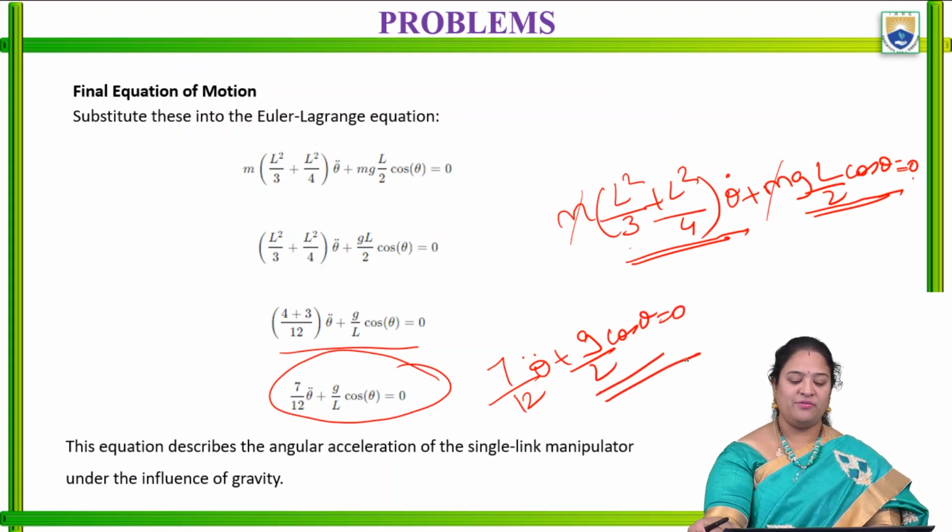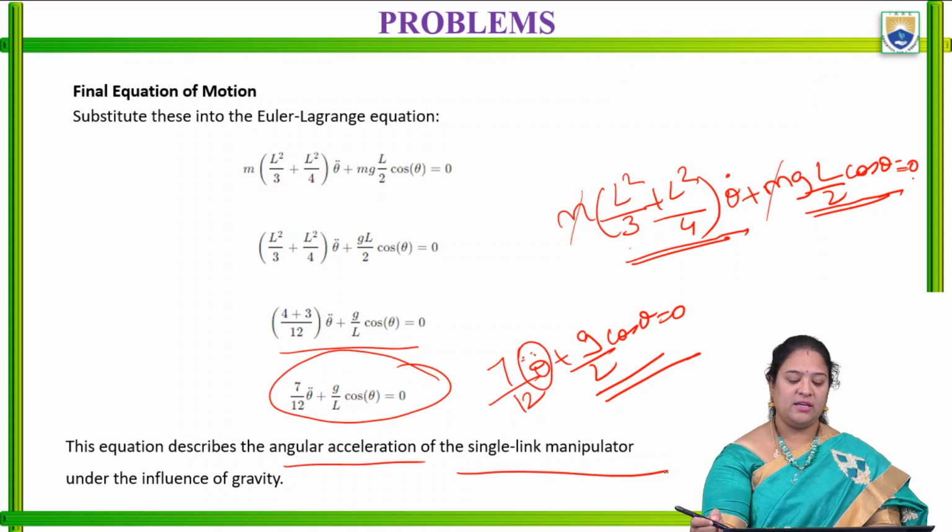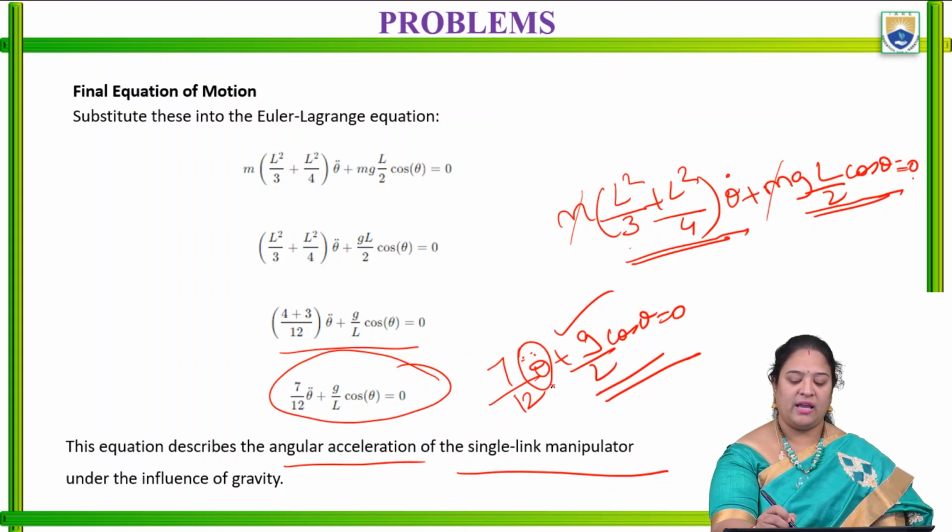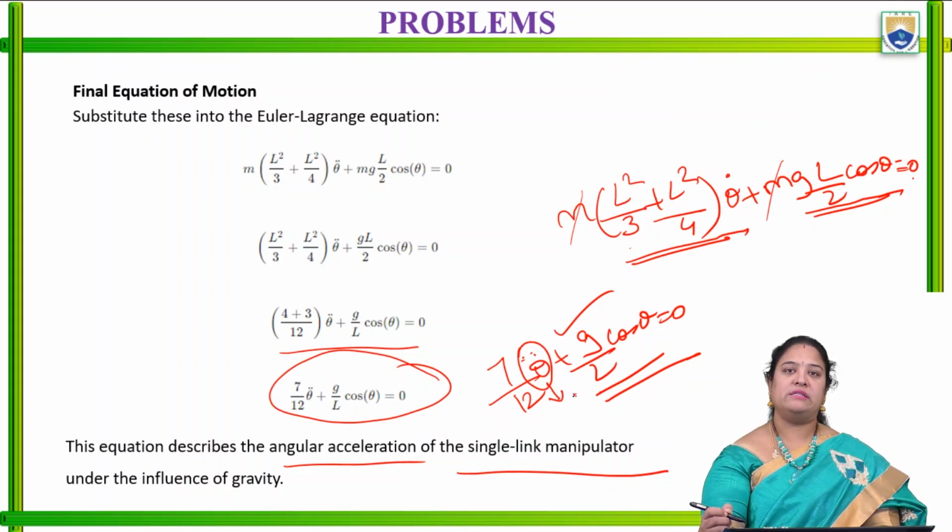This is the equation which describes the angular acceleration for a single link manipulator under the influence of gravity.